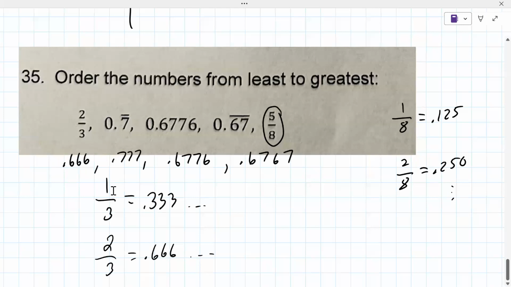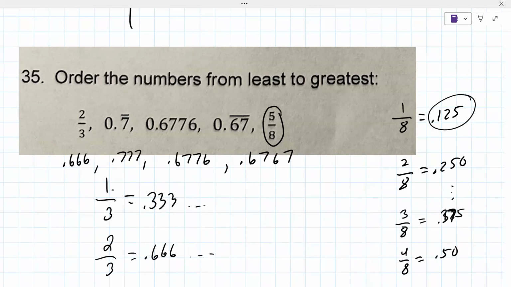The reason I'm showing you this on the right here is that's how you get up to it. So 0.375. 4 out of 8 is 0.5. What am I adding each time? Oh, you're adding 0.125.